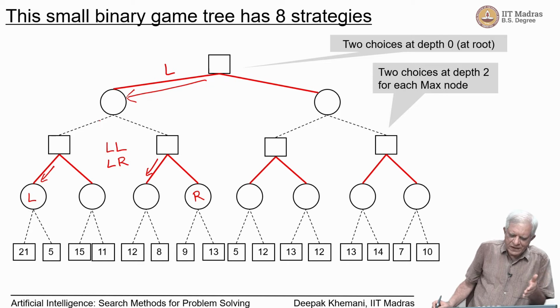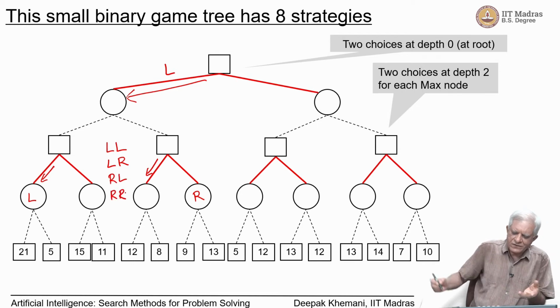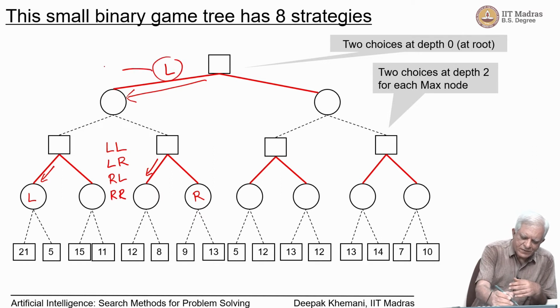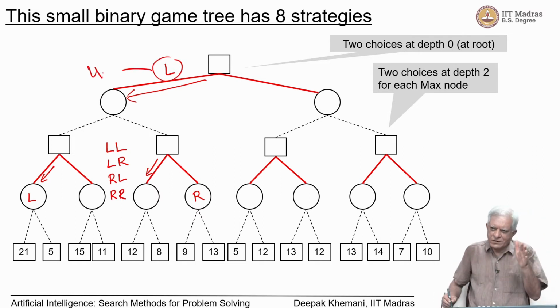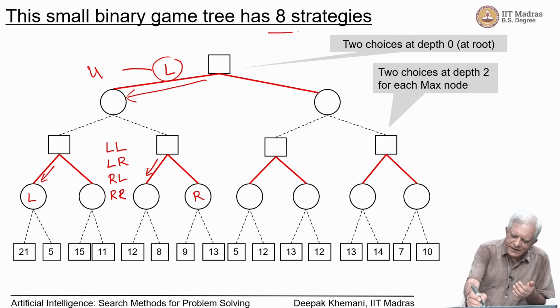So, we have seen LL, LR. There can also be RL and RR. So, there are 4 combinations of the strategy. So, this move corresponds to 4 strategies, which are, we have used this notation of LL, LR and so on and so forth, and the same is on the right hand side. So, you can see that max has 8 strategies essentially.